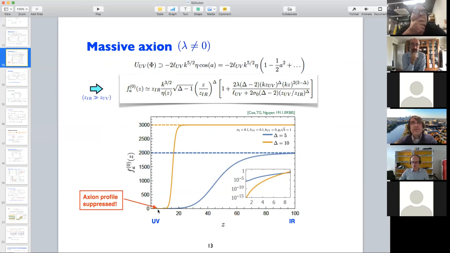But just looking at this, the suppression seems to be more extreme for the lower value of delta rather than the higher, and all of your discussion has been in terms of what happens. But you see it here though, that in fact it's the higher value of delta that has a larger suppression. This is kind of a blow up in this region. Right. Okay. Sorry, I've missed the inset.